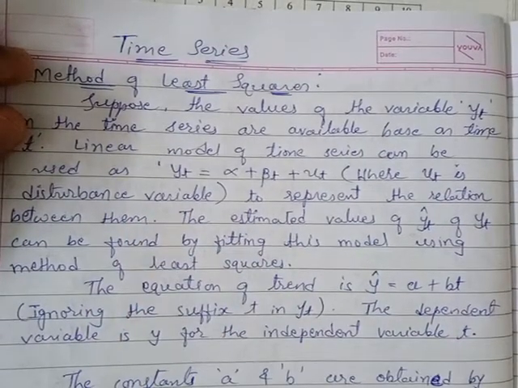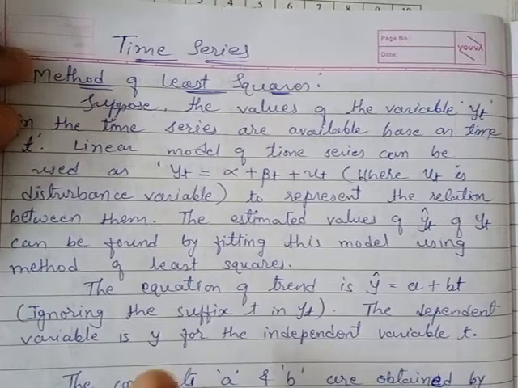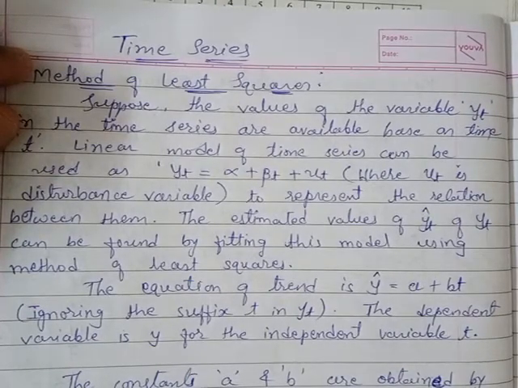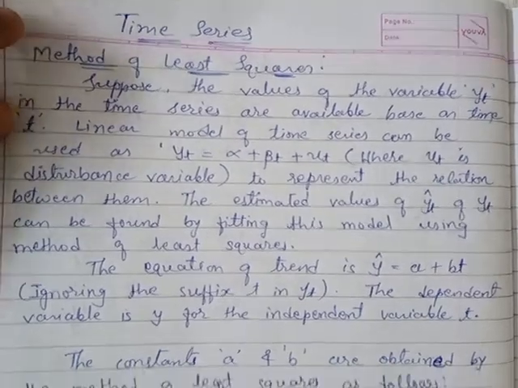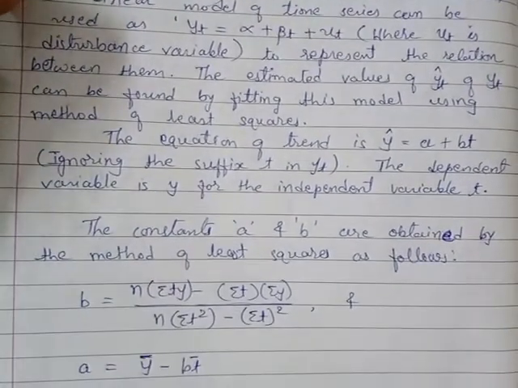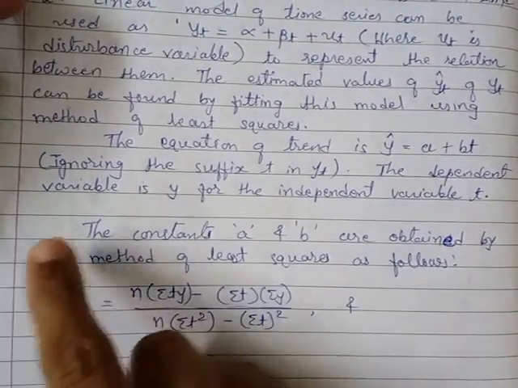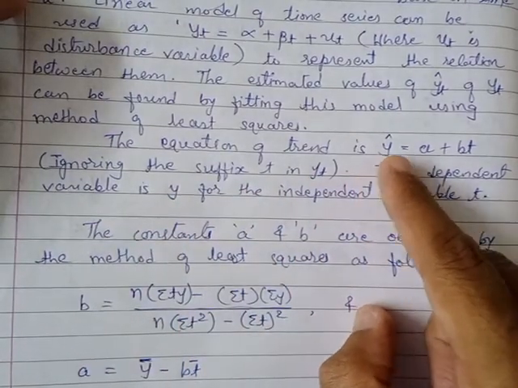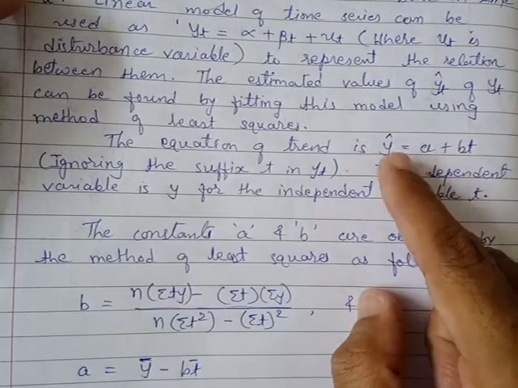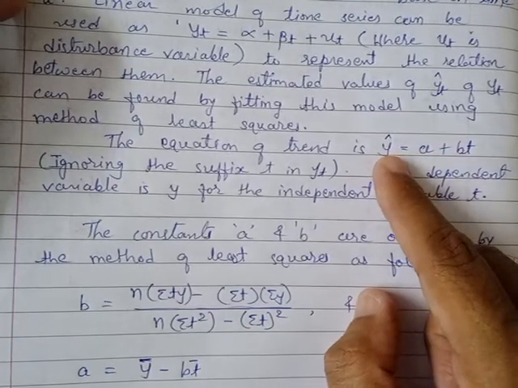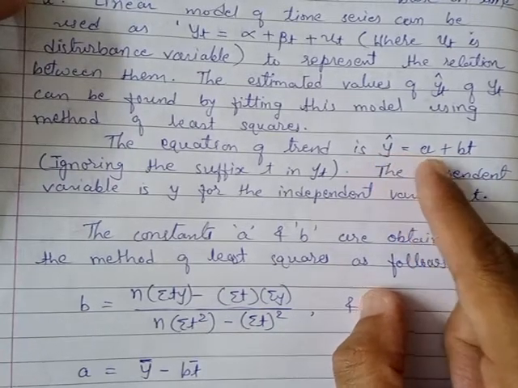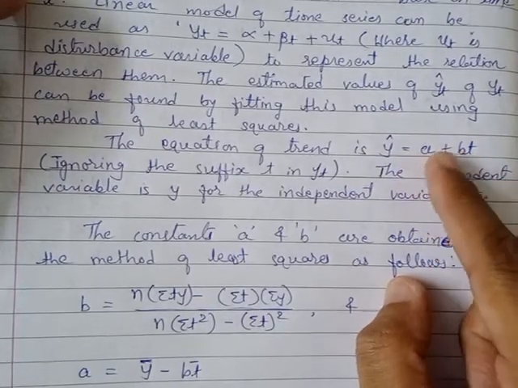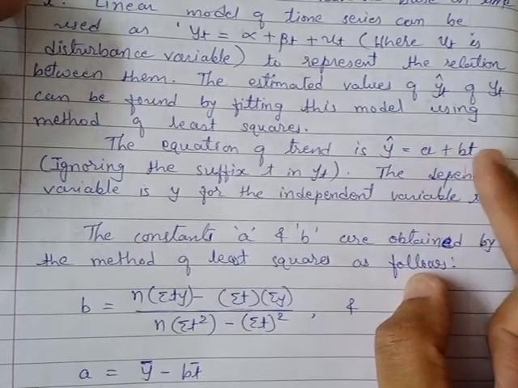The estimated value of yt can now be calculated on the basis of this linear model. The linear equation which we are going to use for trend is this one. After ignoring that t, y cap is equal to a plus bt. Instead of yt cap, I used only y cap. Y cap is equal to a plus bt, where a and b are the constants which we have to find out, and t is the time.